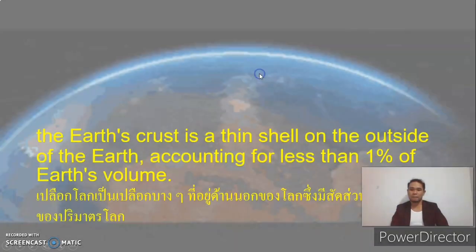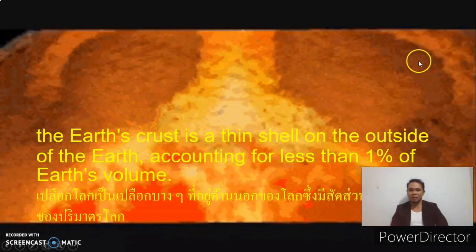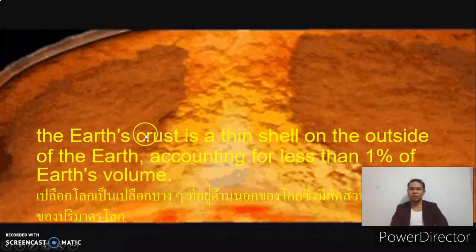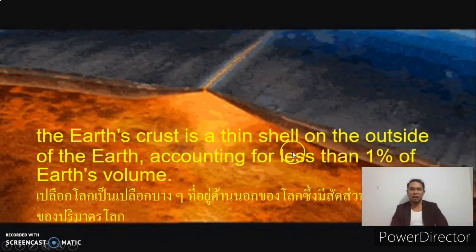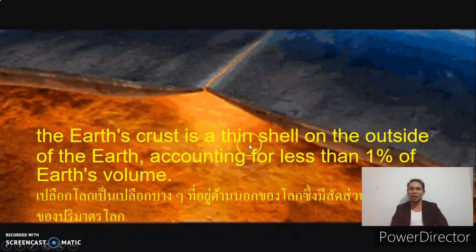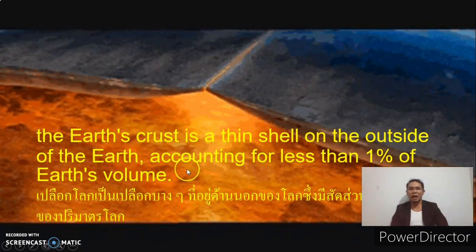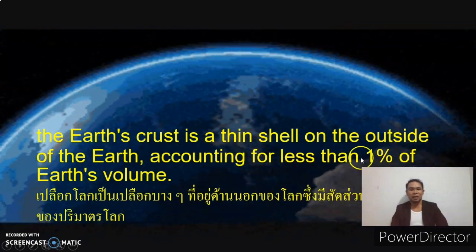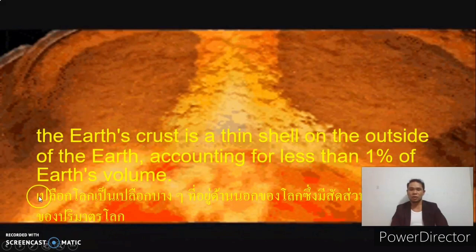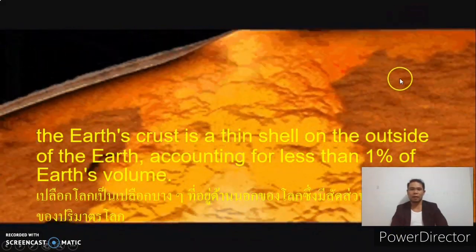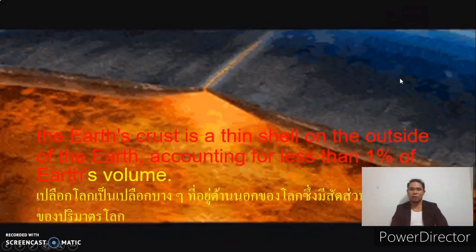Look at this one. The earth's crust is a thin shell on the outside of the earth, accounting for less than 1% of the earth's volume. You can read the passage here.